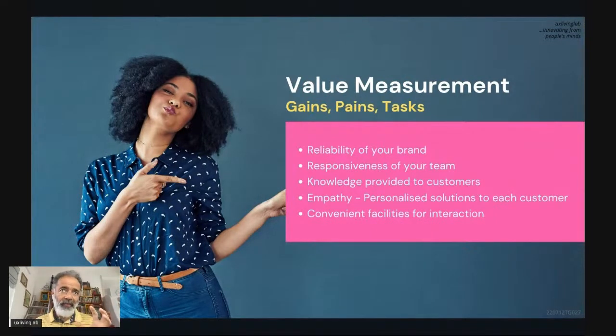Because a purchaser of a luxury car is having a value, and the purchaser of the small car also has this value, but he is not having the financial capacity to buy that product. It's not because of lack of quality he's not buying a Ferrari. He's not having the financial capacity. That is the way you have to position your product. That's called value measurement.